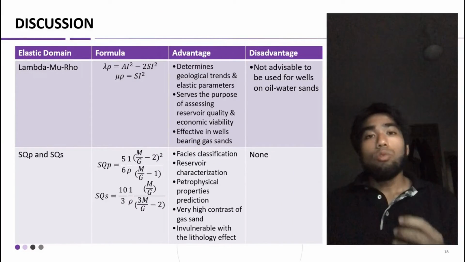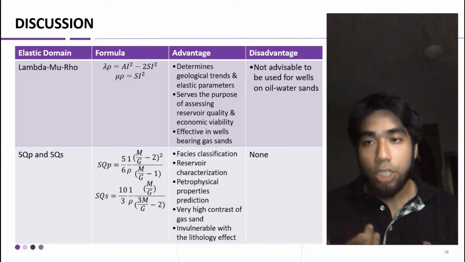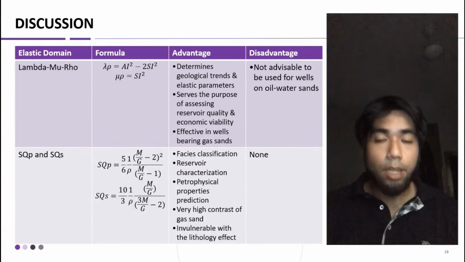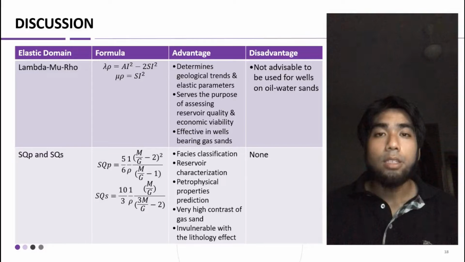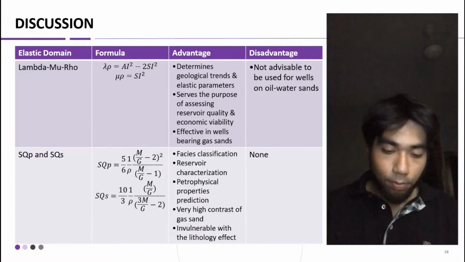Right, after a thorough discussion here, based on lambda mu rho, we could conclude that it has an advantage to determine geological trends and elastic parameters. It serves the purpose of assessing reservoir quality and economic viability. It is most effective in wells that bear gas sands.